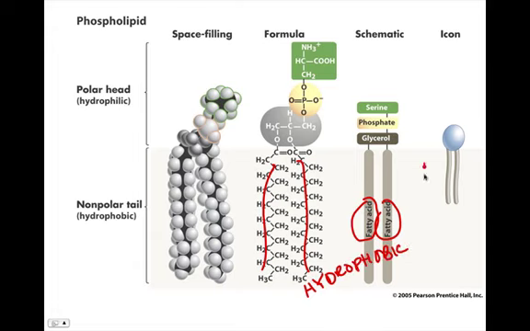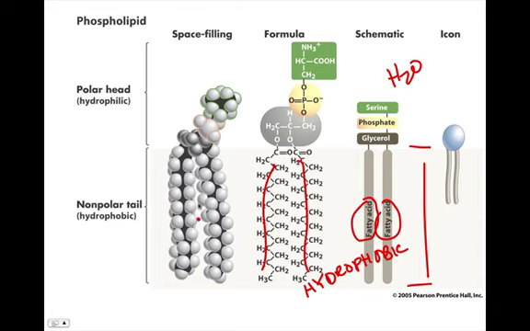And shaded here, it shows that this is going to be pushed out of water if water is this white color on this page. These hydrophobic tails will be pushed out because they're all carbon-hydrogen bonds. Carbon-hydrogen has comparable electronegativity. These are all nonpolar covalent bonds, and they get pushed out of the water.